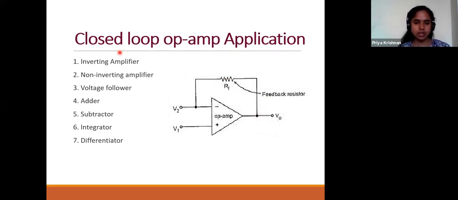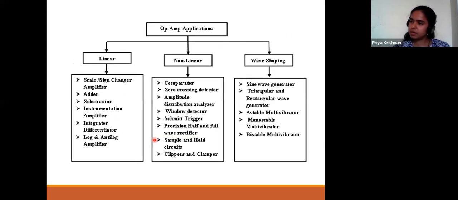See how many applications are listed for closed loop op-amp. Most of the applications can be obtained if the op-amp is in closed loop. I'll move a little fast, we are running short of time. For op-amp applications, linear applications are listed, non-linear applications are listed, and then wave shaping circuits.